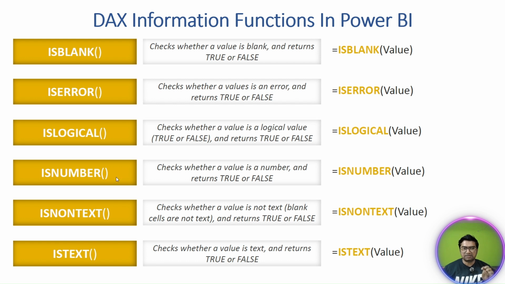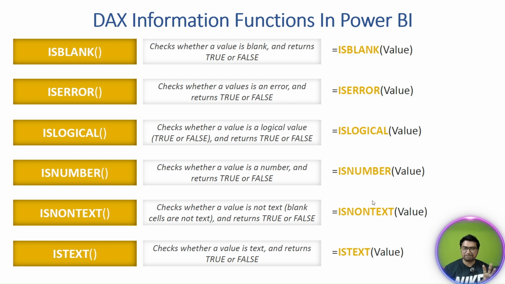And then ISNUMBER just checks whether the value is a number or not. ISNONTEXT basically checks whether the value is non-text. Basically blank cells are not text, right? ISTEXT basically checks whether the value is text or not. Basically if the value is correct, they give the true result. If the value is not correct, then give the false result.